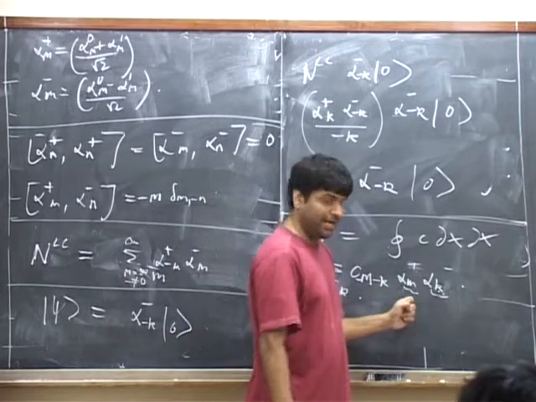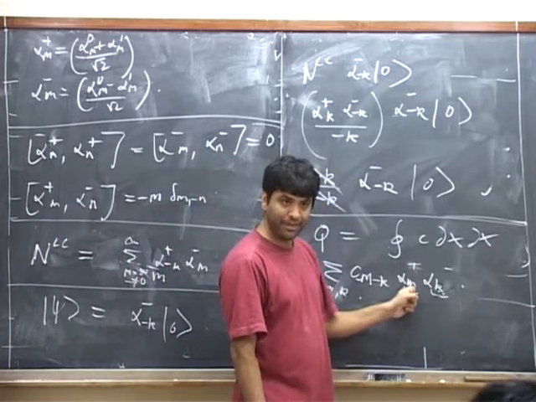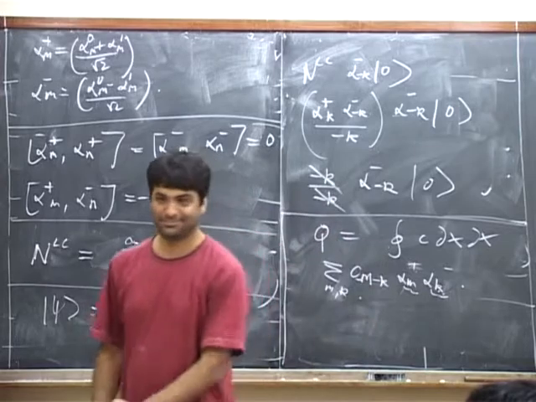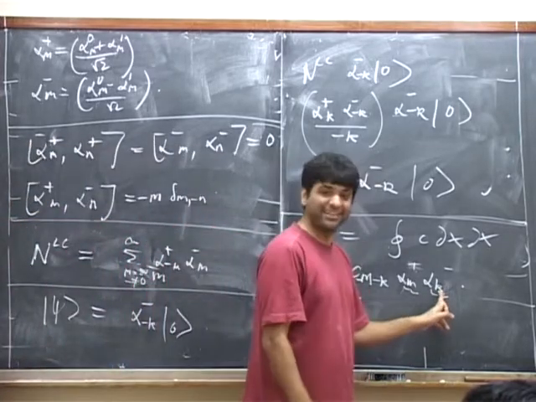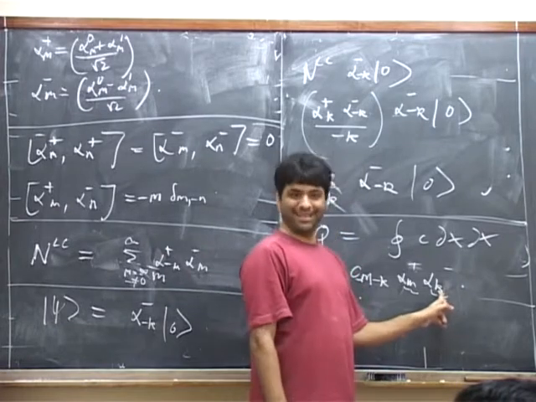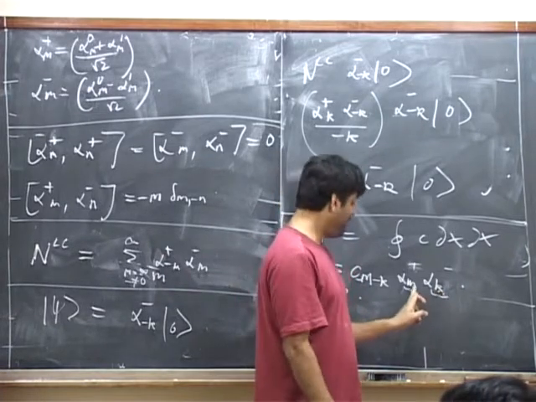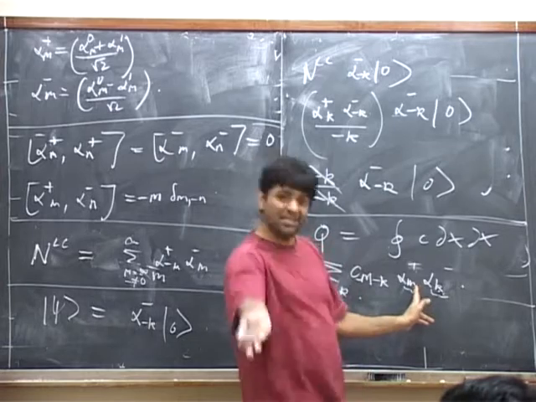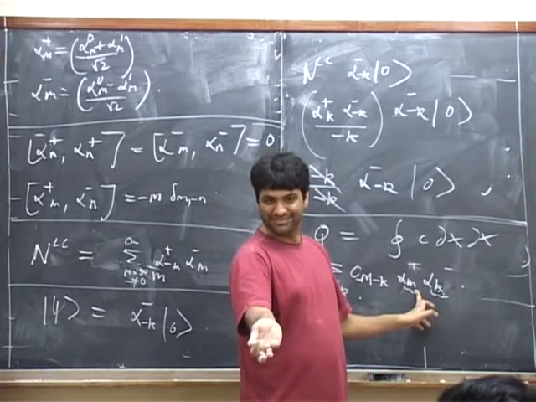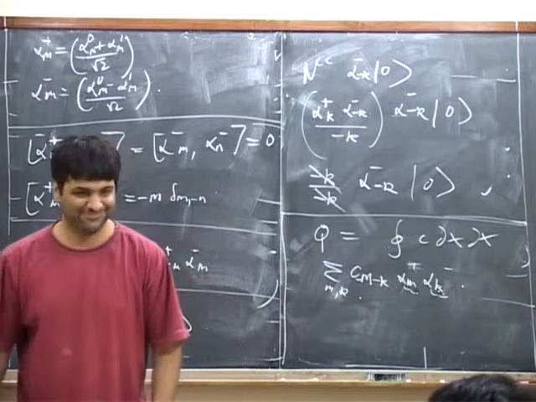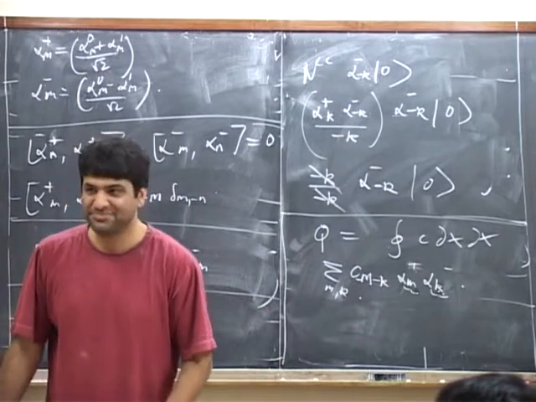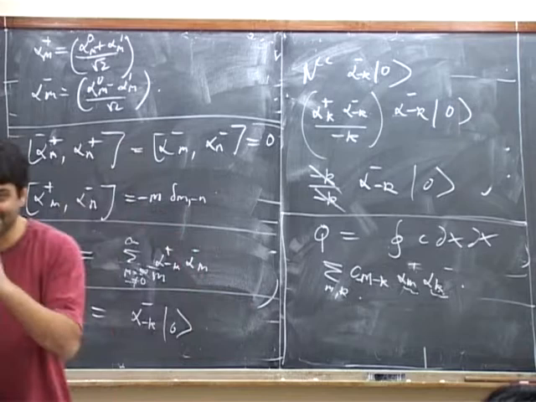There are other terms in which M is positive but K is negative. Now, K being negative creates a minus oscillator, but M being positive destroys a minus oscillator. So NLC is just 0. Do you see this?